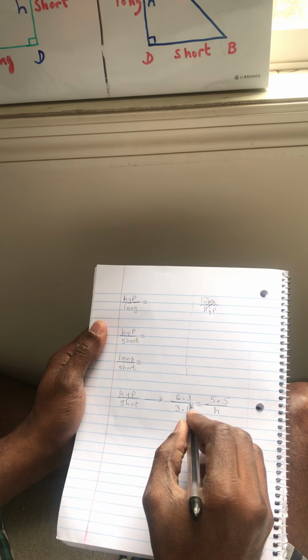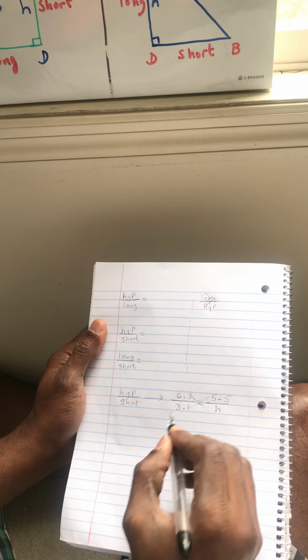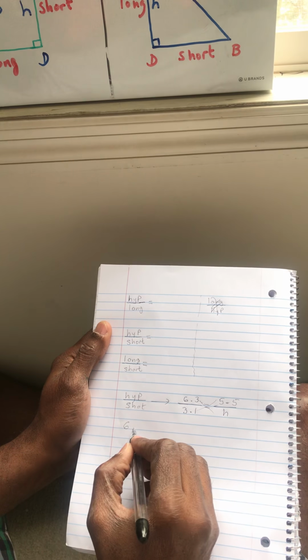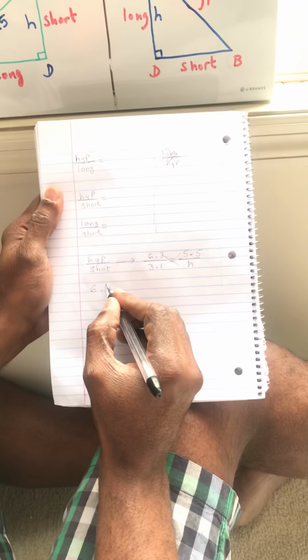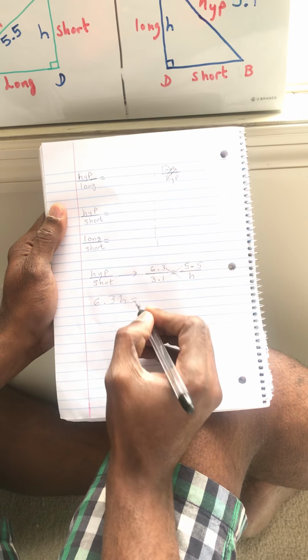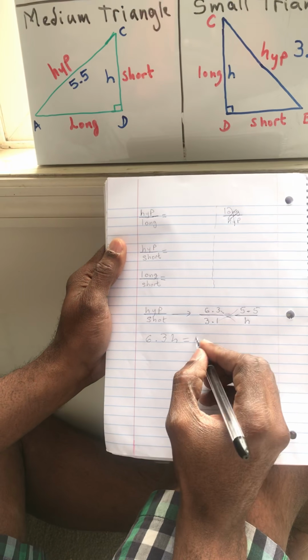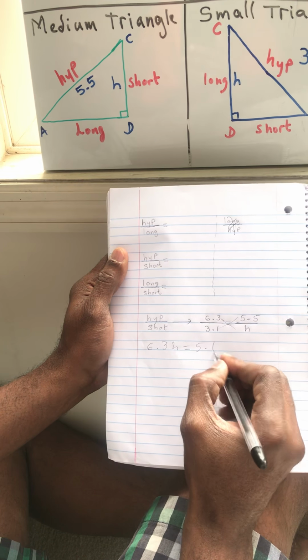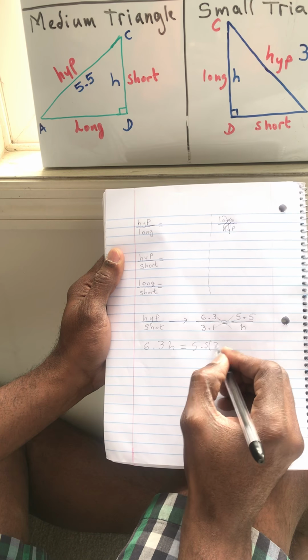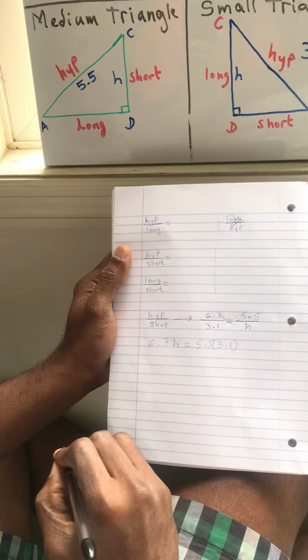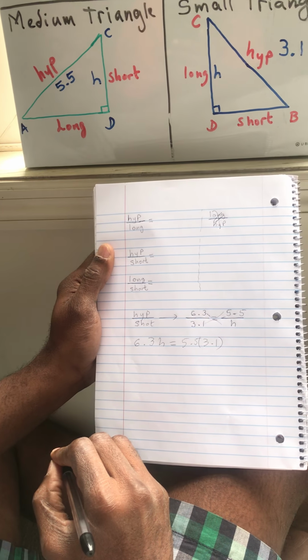Now it just becomes a matter of cross multiplication. 6.3H equals 5.5 times 3.1. I don't have a calculator with me, so I'm not going to do the multiplication.